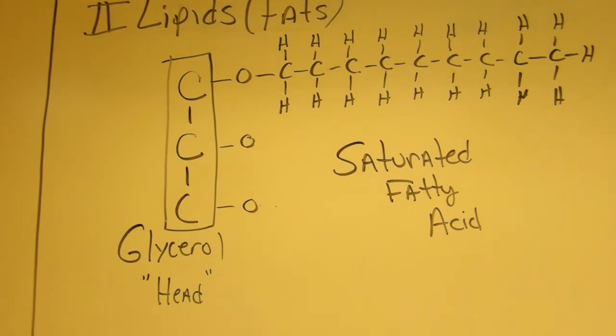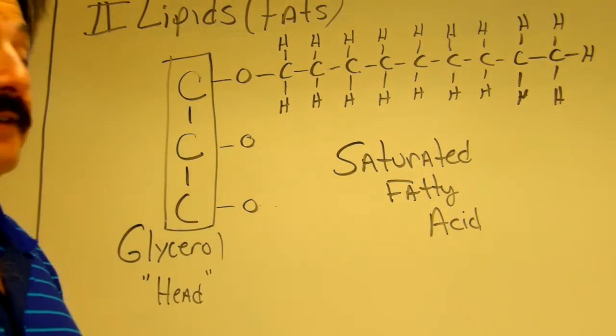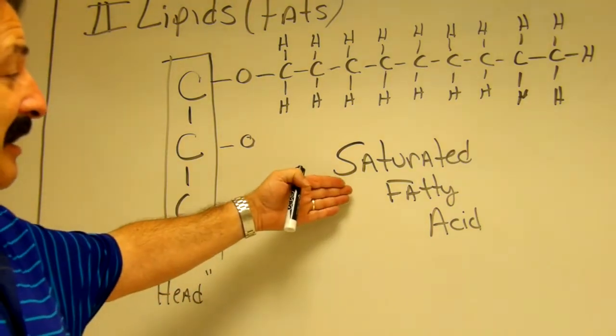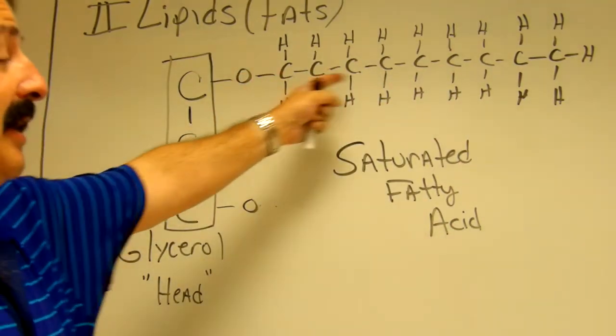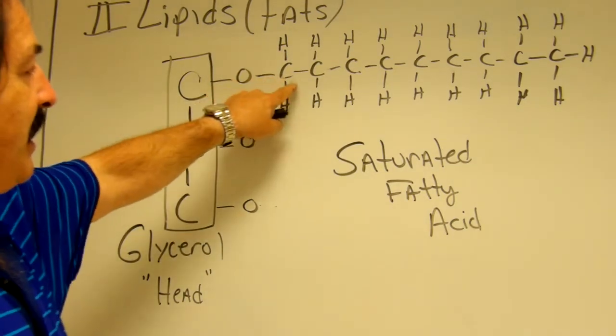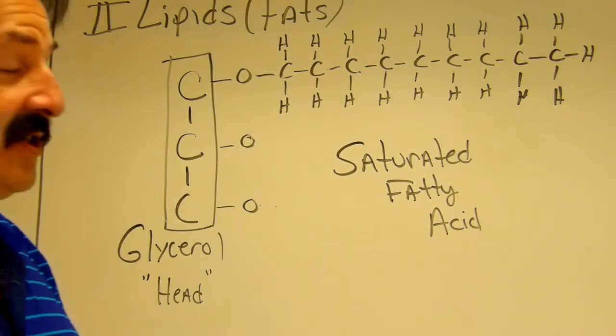It is a fatty acid tail. Okay, but what happens if fatty acid tail isn't on one of the choices? But a saturated fatty acid is. Well, then you would pick that. All right? So, in general, that is a fatty acid, but what kind? It is a saturated fatty acid. Each carbon has 4 bonds around it, all the way to the very end of the chain.